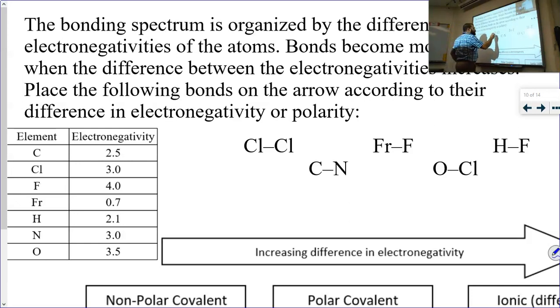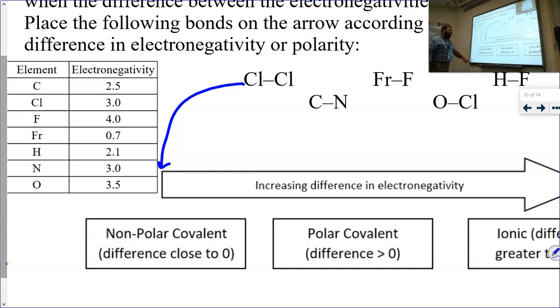This is what we call nonpolar covalent, and I'll scroll down just a little bit. Okay? This is called a nonpolar covalent molecule, or a nonpolar covalent bond. And the reason why it's nonpolar is because there's no difference. All right?